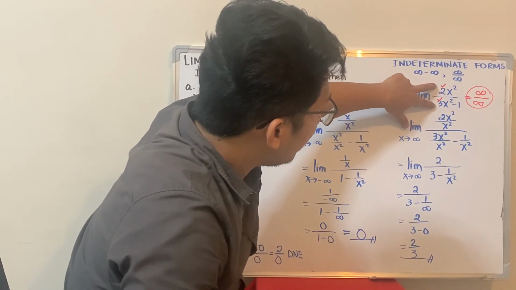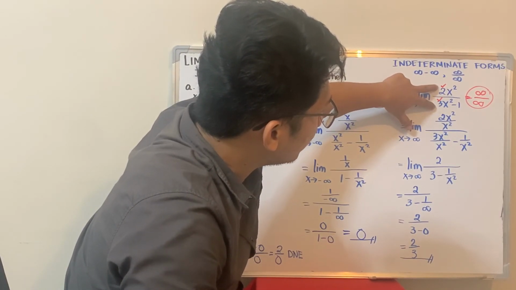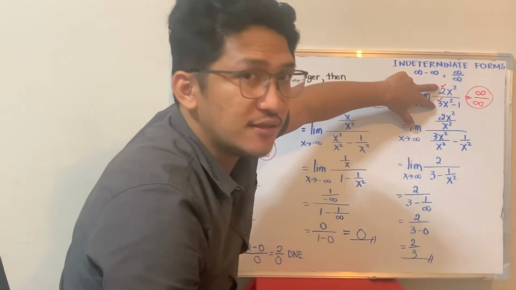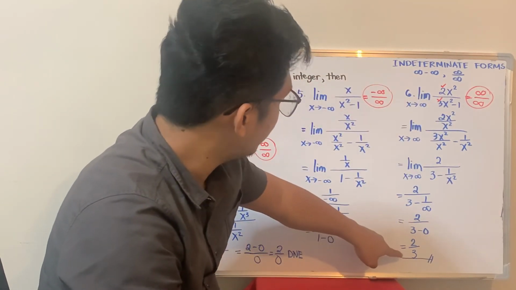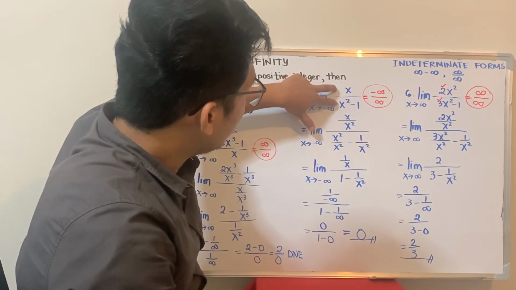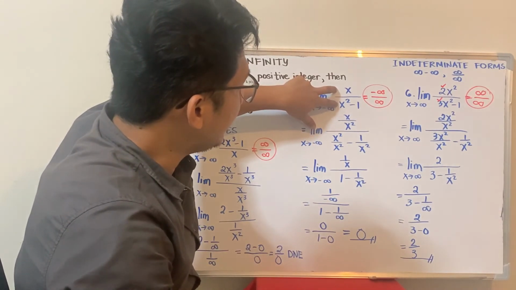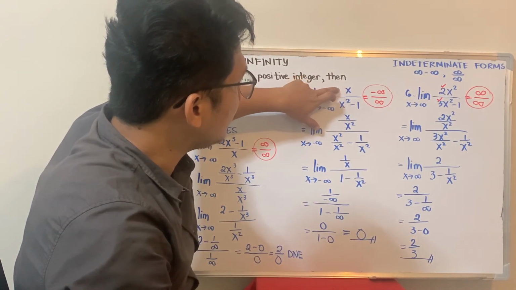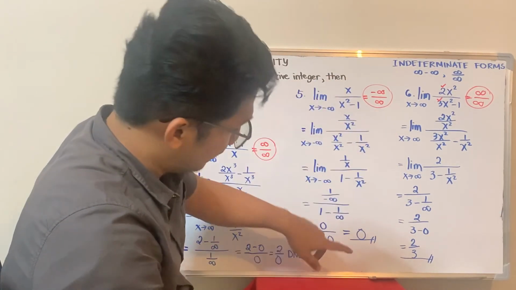When the degrees are equal, both are squared, so 2 in the numerator and 2 in the denominator, just get the numerical coefficients. That's why we have 2/3. Here, if the degree in the numerator is less than the degree in the denominator, the result is always 0.